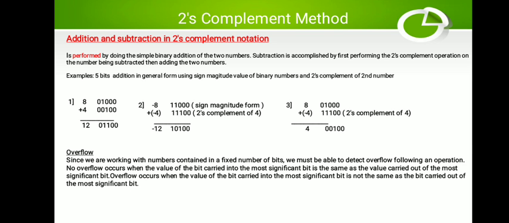So it will become 0 plus 0 is 0, 0 plus 0 is 0, 0 plus 1 is 1, and 1 plus 1 is 0 with carry 1, and 1 plus 1 is 0 with carry 1. So 1 plus 1 again 0, carry is 1. So carry is 1 means it is a positive number. Discard the carry. Whatever result you are getting is in true form.